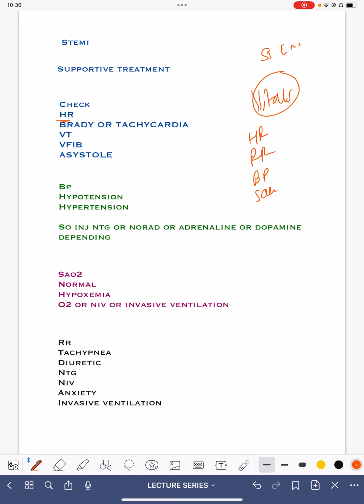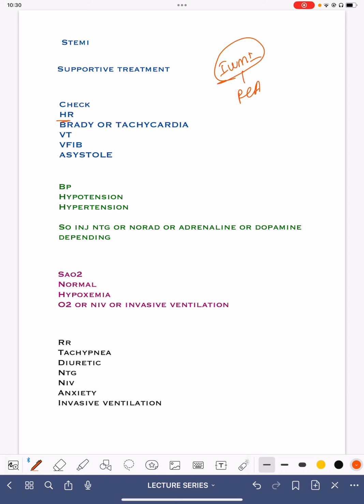So we must check the heart rate for bradycardia or tachycardia, because if the patient has inferior wall MI, then in this the right coronary artery is involved, and this same right coronary artery supplies the SA node. So if this RCA blockage is there, the patient may have complete heart block, or the patient may have bradycardias.